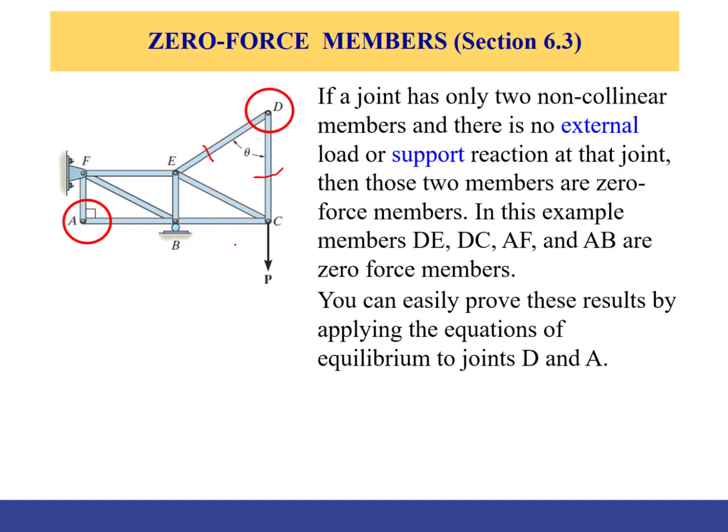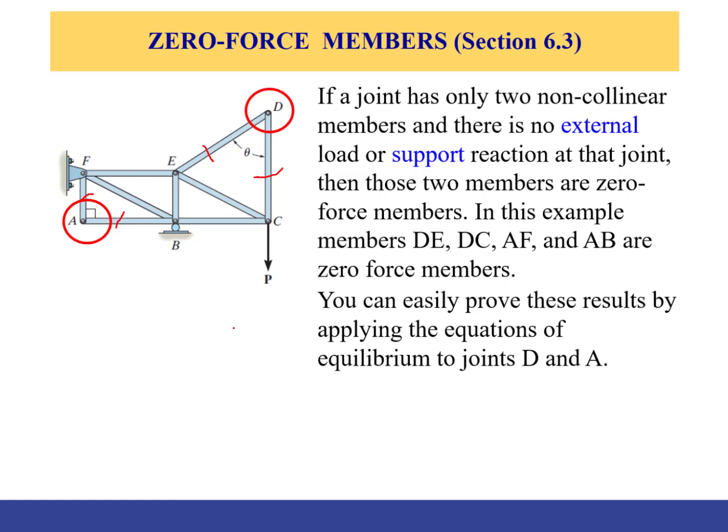Similarly, if you look around the same structure, you can identify another two members, FA and BA. They are jointed at A, and A has no forces, no external reaction, therefore they have no tension or compression, therefore you can drop them.